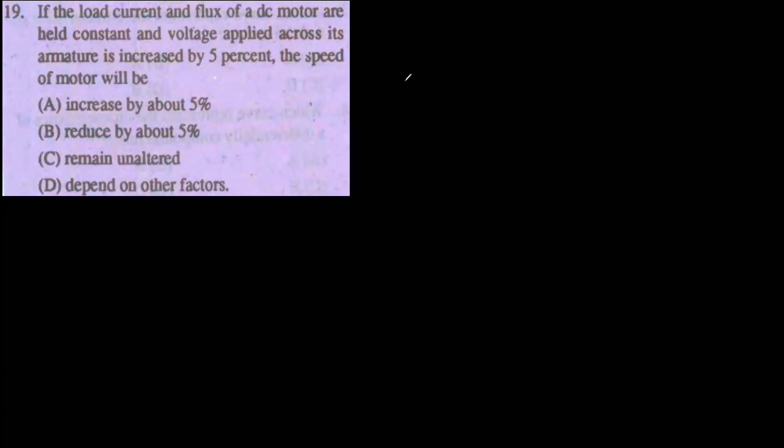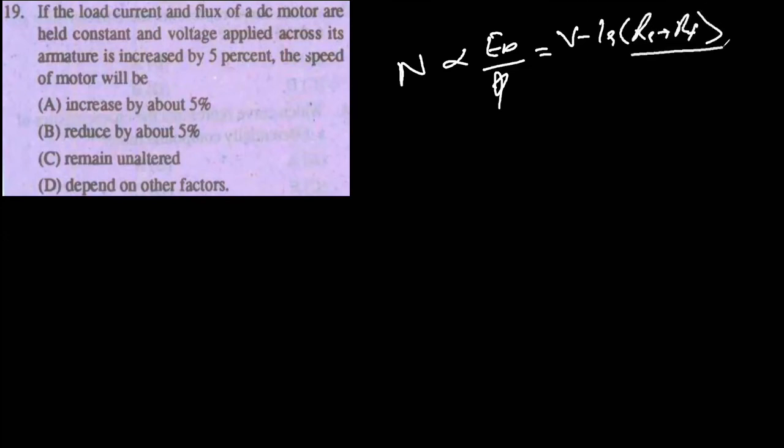We have a well-known formula: speed is directly proportional to Eb divided by flux, where Eb is equal to V minus Ia times (Ra plus Rf), divided by flux. The question says the load current and flux of the DC motor are held constant, so it means this portion is held constant.